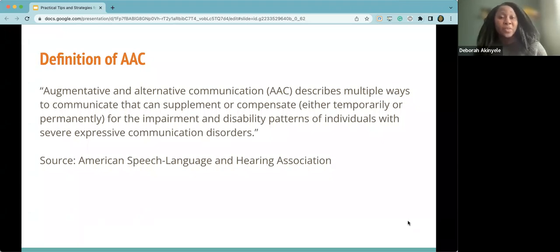And it really helps us to make the distinction between language or verbal language, spoken language, nonverbal language, and communication, which our goal as speech language pathologists is always to be able to facilitate communication using all the different tools that we might have available for our clients.